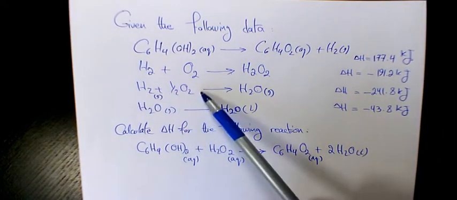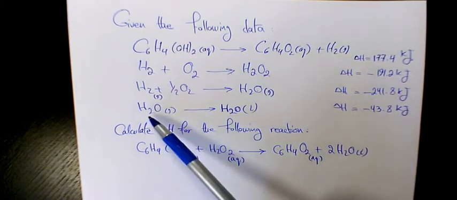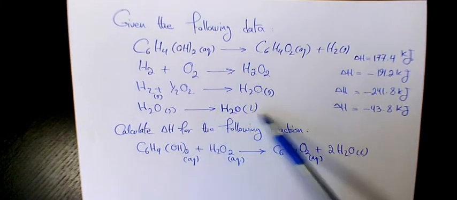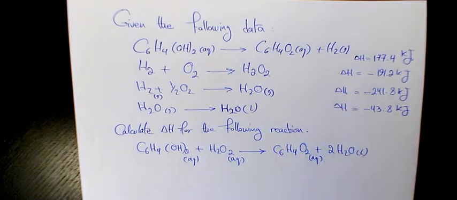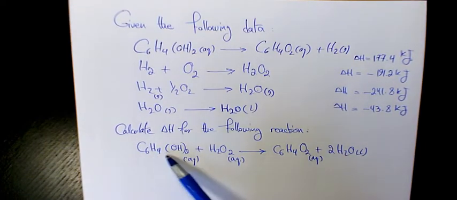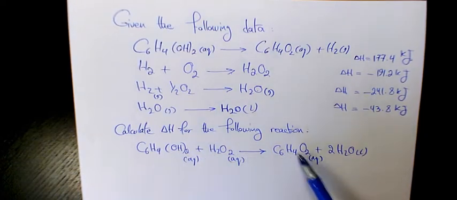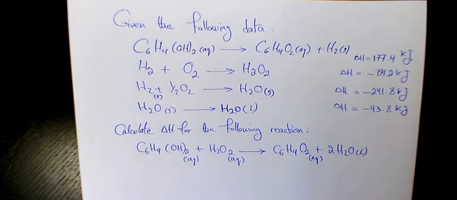H2 plus half of O2 is going to give us H2O gas phase. There's a delta H. H2O in gas phase gives us H2O in liquid phase, and it's going to be negative 43.8. So the overall reaction is C6H4OH2 plus H2O2 gives us C6H4O2 plus 2H2O liquid.